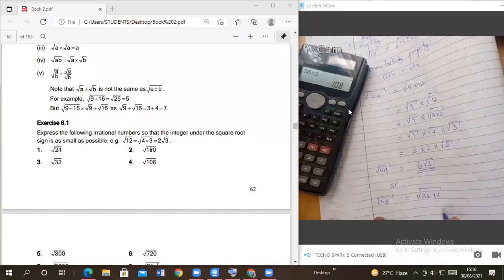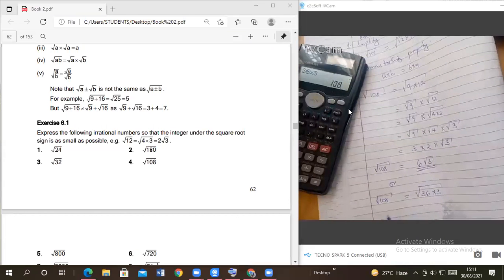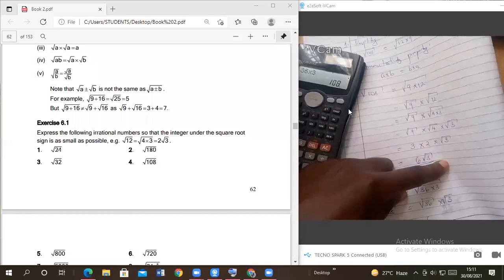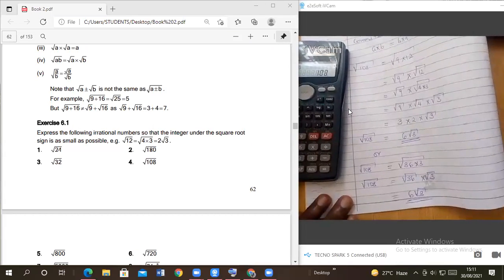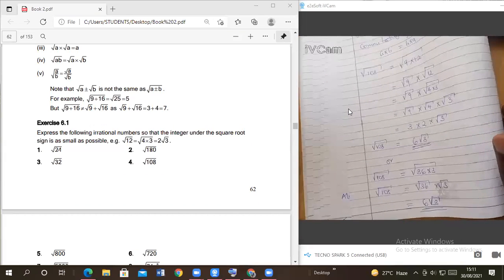So 3 is the lowest possible number here. This is the same as root of 36 times root of 3, which gives us 6 root of 3. Are they different? No. So the most important thing is to simplify until that number cannot be simplified further.